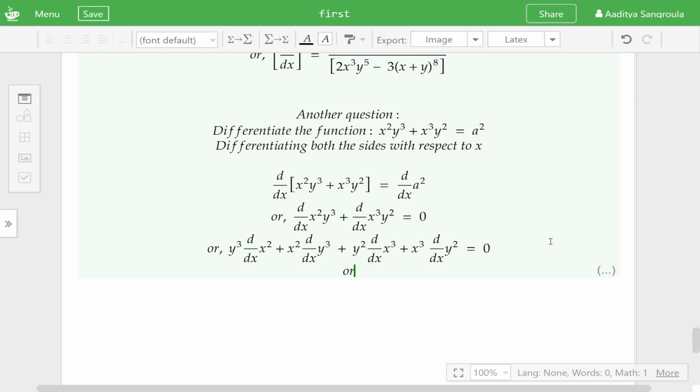And now we can say x y cubed times the derivative of 2x.